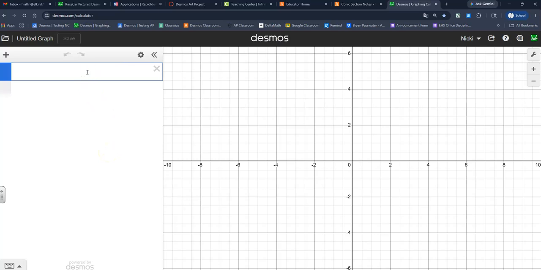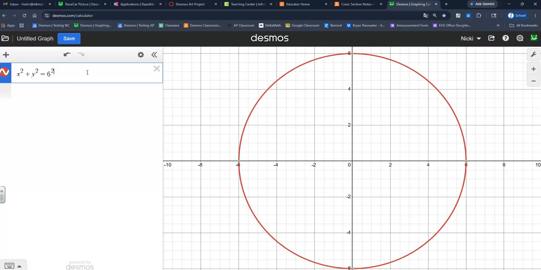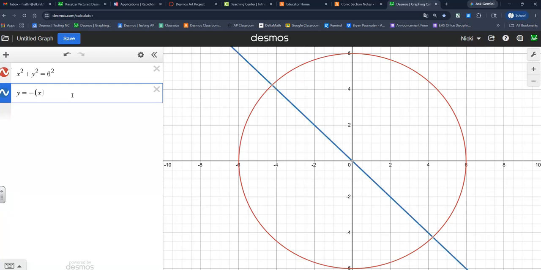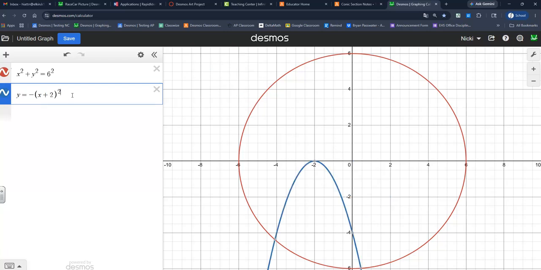But a few things that you need to know: let's say I want to do x squared plus y squared equals 6 squared. But maybe I don't want that whole graph, right? Maybe I want to cut it off. Maybe I want a sunset, and I want to cut it off. In fact, maybe I want a mountain. Y equals negative (x plus 2) squared plus 6.